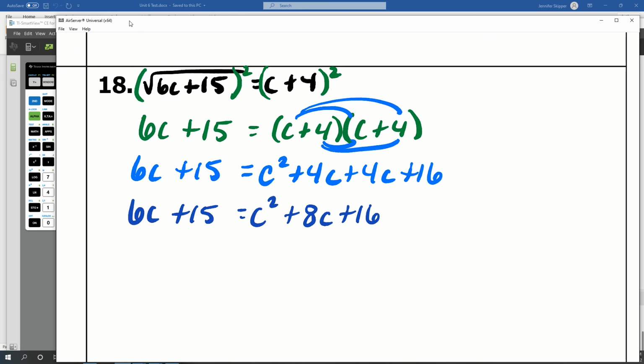And then we want to get everything on one side. So I'm going to subtract 6c from itself and like term. Subtract 15 from itself and its like terms.